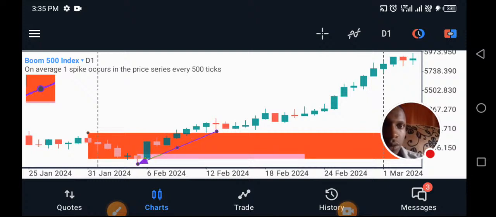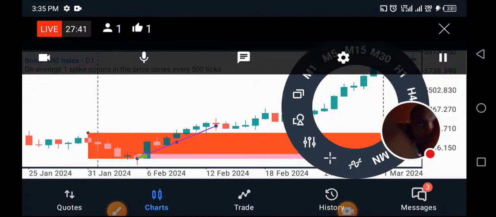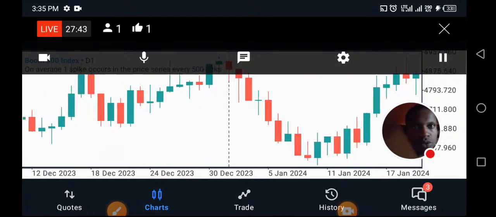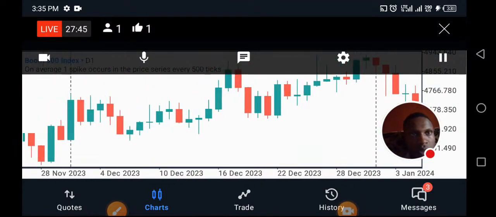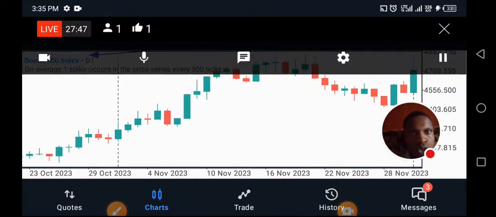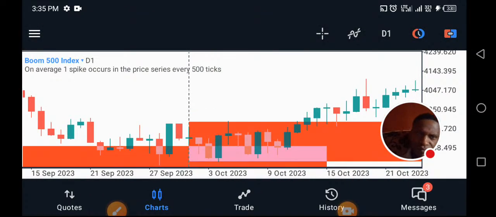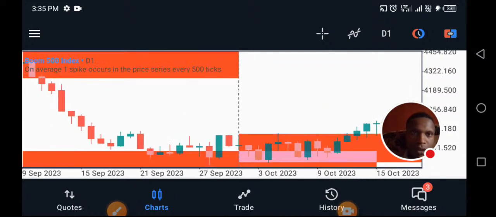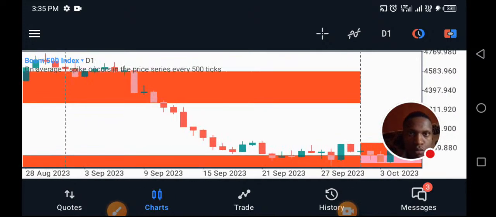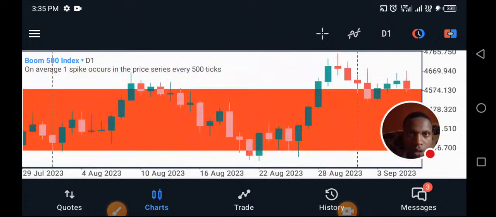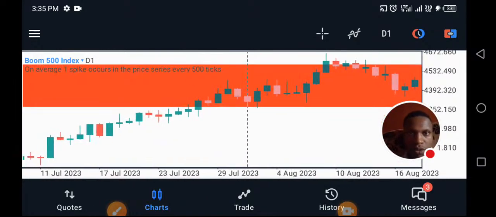The low of this wick is somehow far from the close. So we want to make use of just the body alone. So whenever you see candlesticks like that, guys, then you just want to highlight only the body.